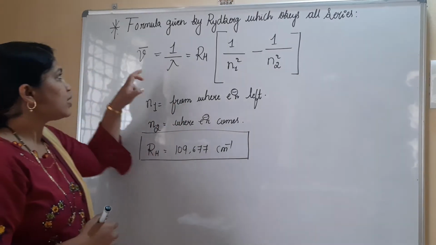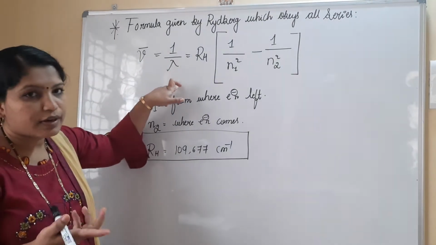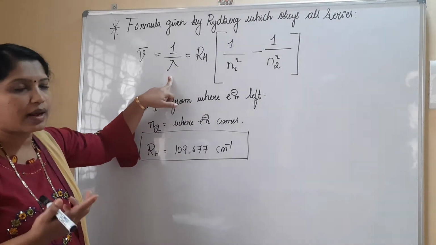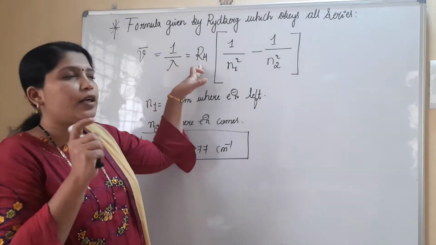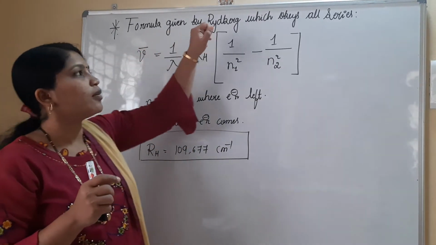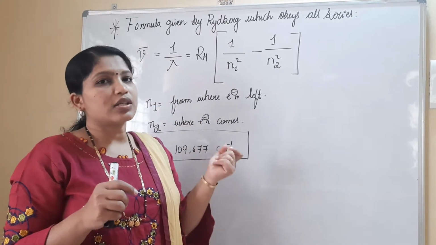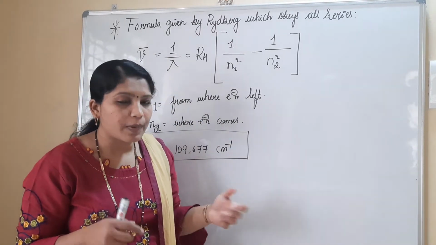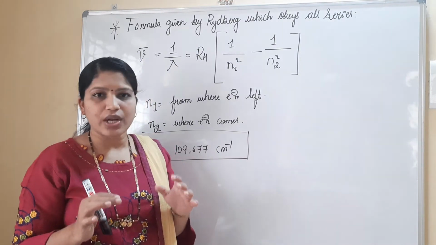See here, nu bar, which is called the wave number, is also referred to as 1 by lambda, inverse lambda, and it is given by the scientist Rydberg. So this formula is given by Rydberg, with his constant, and it is applicable for all the series of spectral lines of the hydrogen atom.